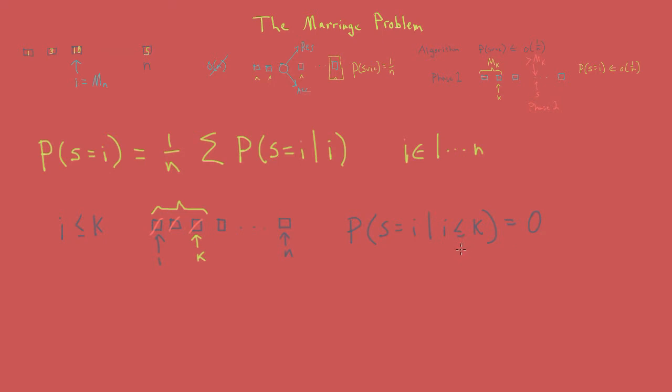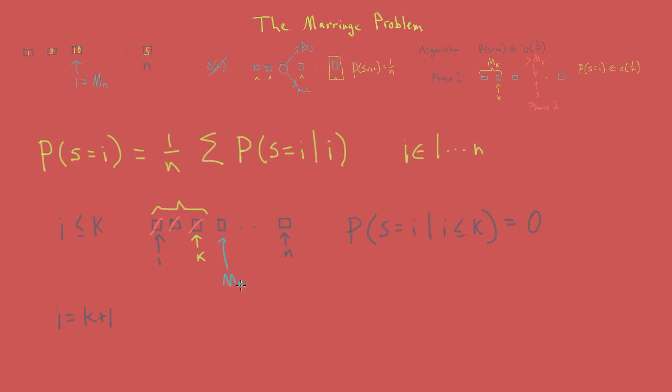Let's look at one more special case, and then we'll consider the general case. So we're going to look at the special case where I is equal to k plus 1. So this considers the case where m sub n is this element.